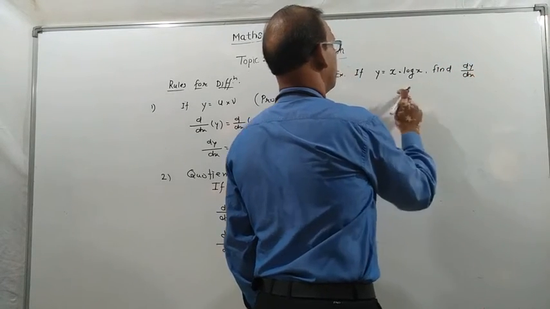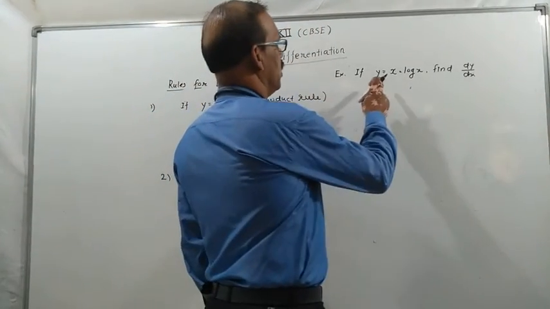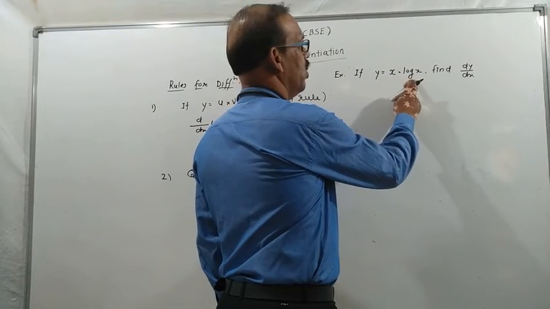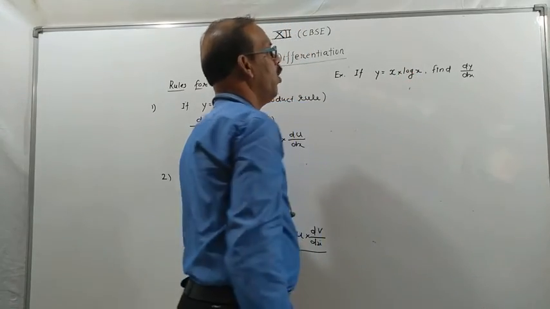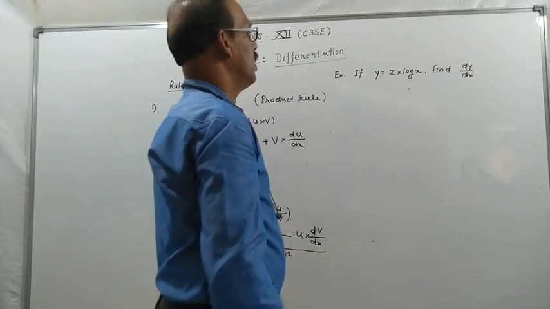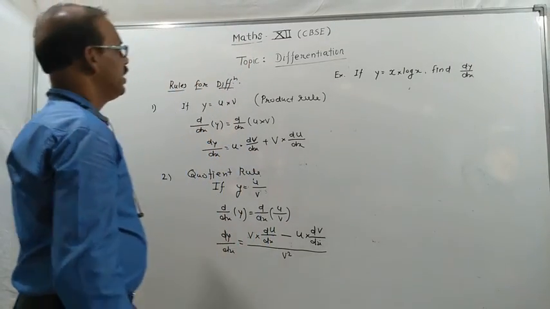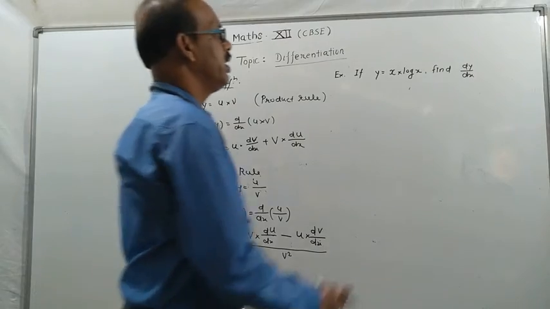Now check the question. Two functions are given, algebraic and logarithmic, but both are in multiplication form. If both the functions are in multiplication form, then we use the product rule to find the value of dy by dx.